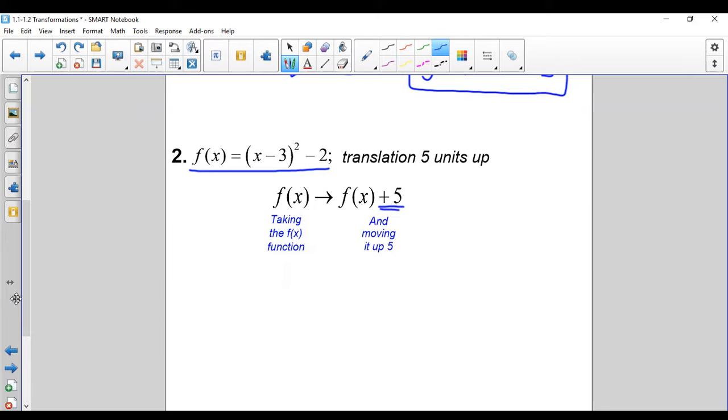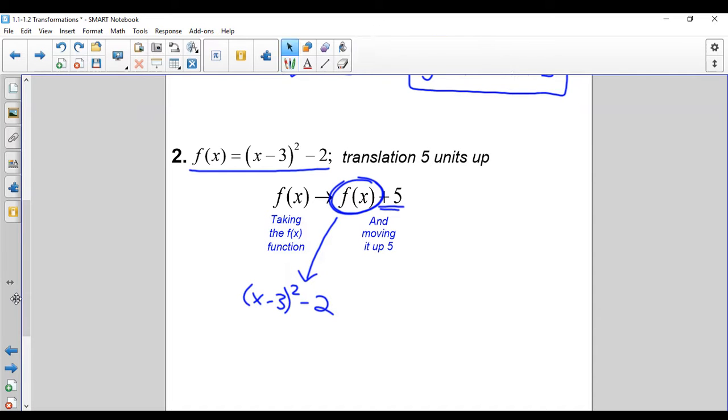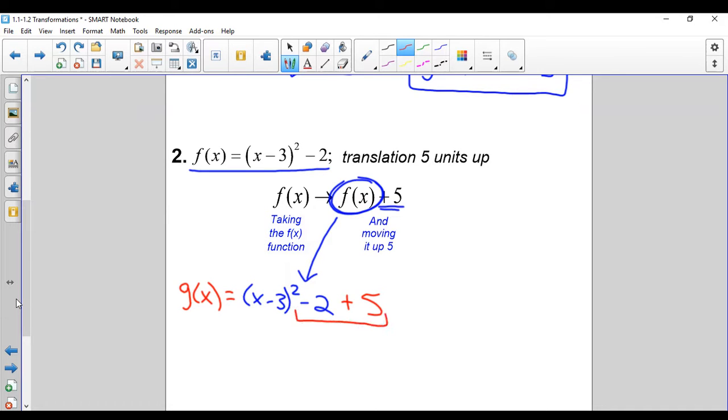So I take my f function, which is x minus 3 squared minus 2, and I'm bumping it up 5. And this is going to be my new g function. You combine like terms. This happens to be pretty easy, just one step.